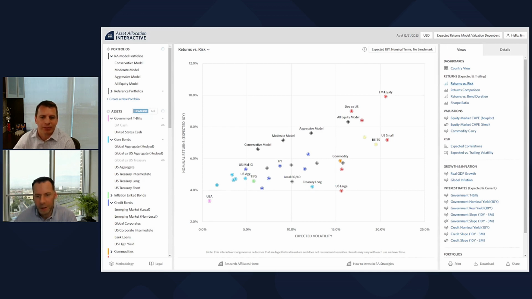Yeah, it's a great question. For those that have utilized the tool or seen our presentations, when you look at a scatter plot like this, the shape of things remains relatively similar, right? And we all know this from basic finance that for higher risk assets, we should expect a higher return on average.